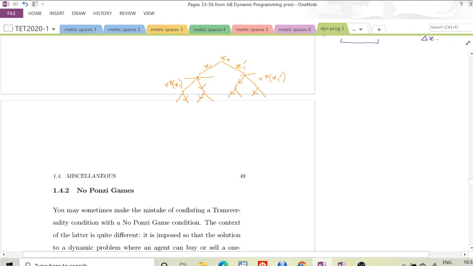So you're sitting here and thinking, well, if I choose x1, I'm going to get a total payoff of f of x naught, x1 plus beta times v star of x1. And here, if I choose x prime 1, I'm going to get f of x naught, x prime 1 plus beta v star of x prime 1, right?